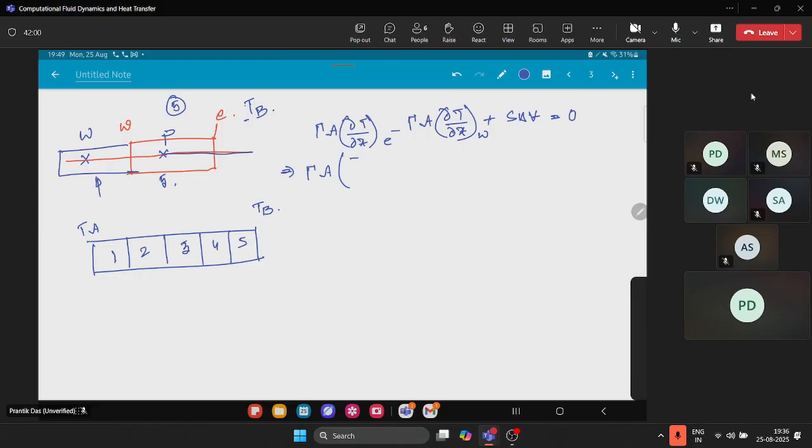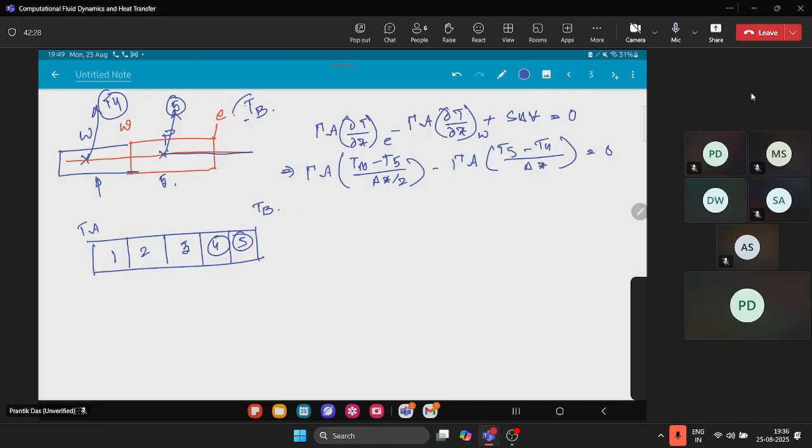So gamma A (TB minus T5) divided by delta x divided by 2, minus gamma A (T5 minus T4) by delta x. T5 is the temperature at the P cell centroid and T4 is the temperature at the west cell centroid, because the western neighbour of the 5th cell centroid is 4.